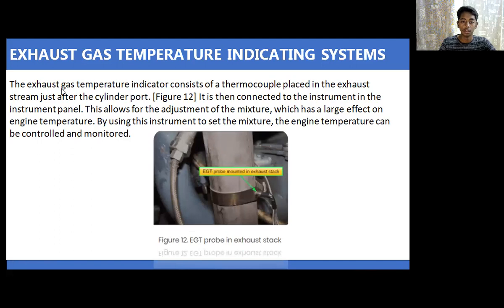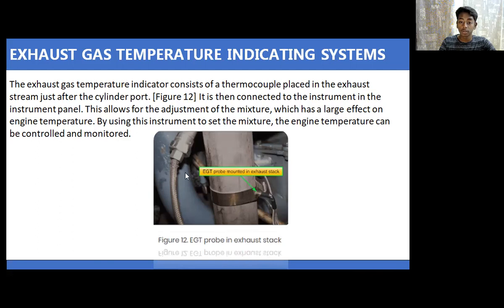The EGT, exhaust gas temperature, probe is mounted in the exhaust stack here, as we can see in figure 12. This is then connected to the instrument in the instrument panel.